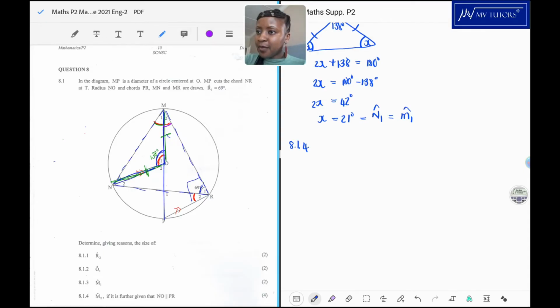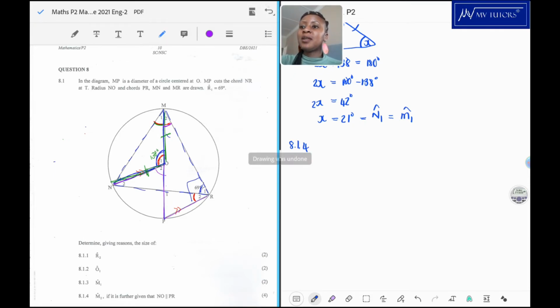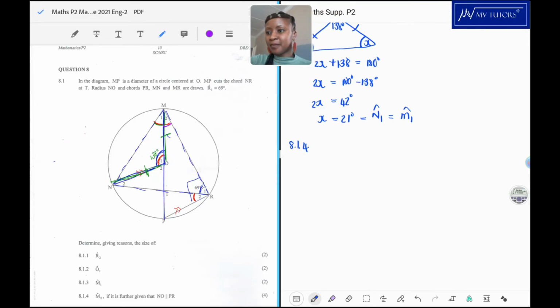So if these two are parallel, I basically have a Z there, which indicates alternating angles. So I know that O2 is equal to P. That doesn't help me at all. So let's try the other Z. But do we even need it?